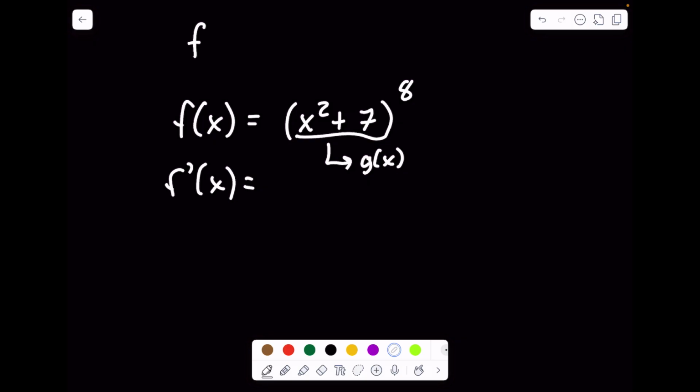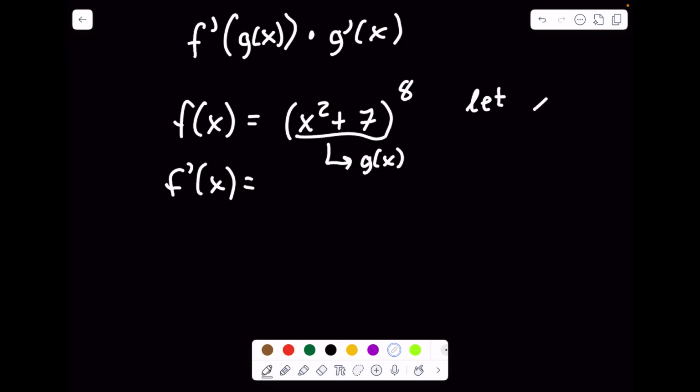I'll rewrite the formula again. It's the derivative of the outer function with the inner function kept inside, multiplied by the derivative of the inner function. Now that we've identified the outer and inner functions, we can solve for the derivative. We'll make it a little easier and say let x squared plus 7 equal u.